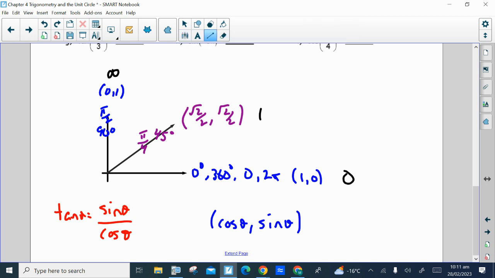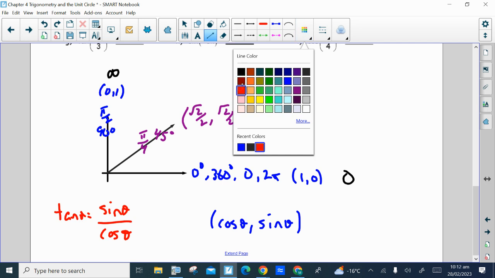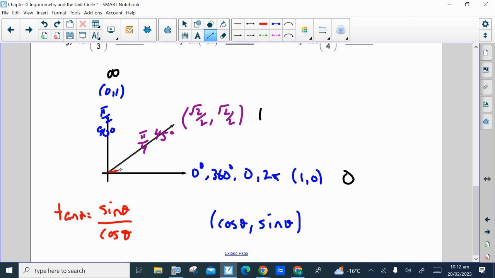Then, if we do pi on 6 radians, or 30 degrees. So this is pi on 6 radians, or 30 degrees. So that is the second finger, right?